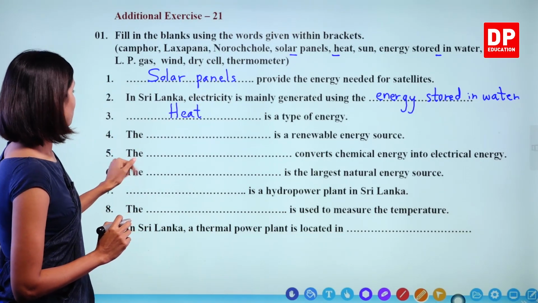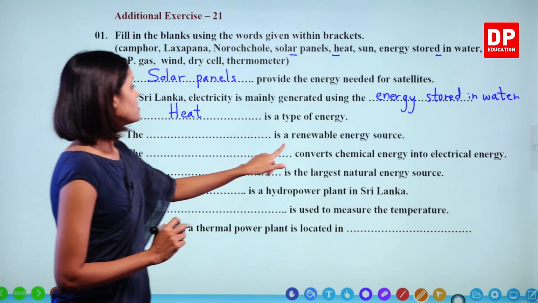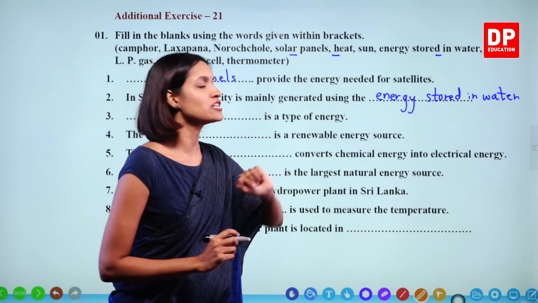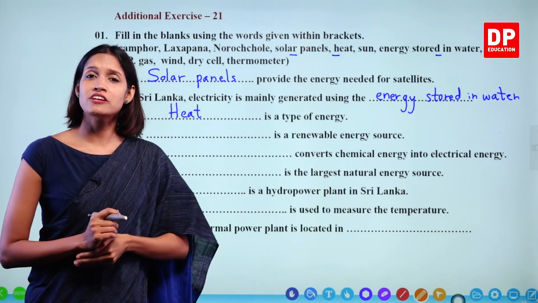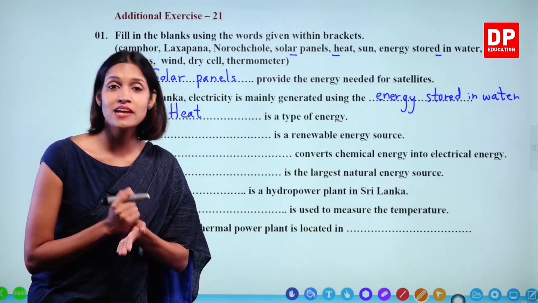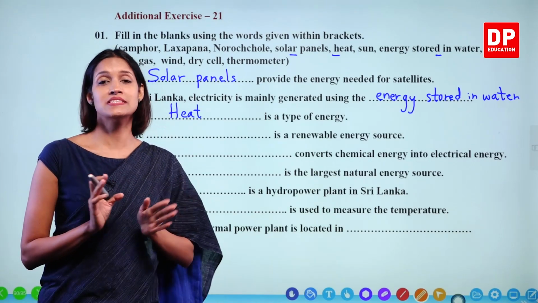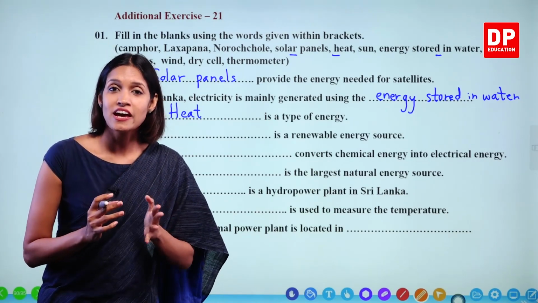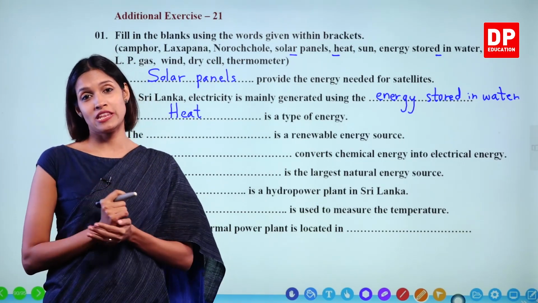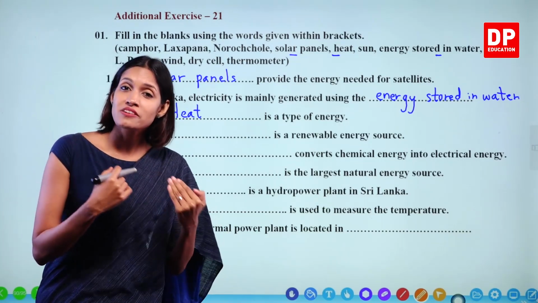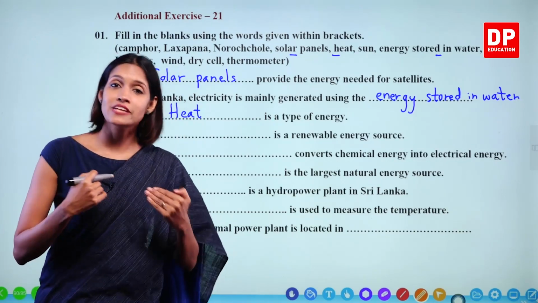Let's see. Number 5. Converts chemical energy into electrical energy. Do you remember I explained that any kind of cells and batteries have chemical substances stored in them, right? So they generate electricity using chemical reactions.